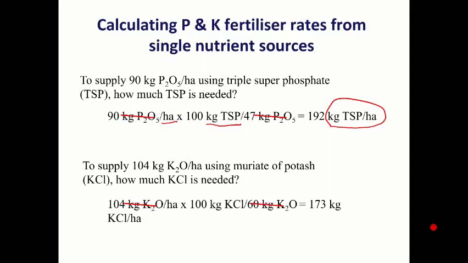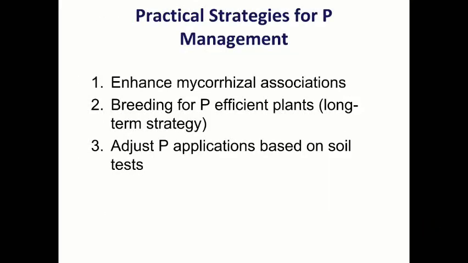And of course with potash, or triple superphosphate, which is about half P2O5, it's not surprising that we ended up with about twice as much TSP as needed compared to the nutrient need, because it's only half P2O5, if that makes sense. We'll do some practice of these in the practical class.